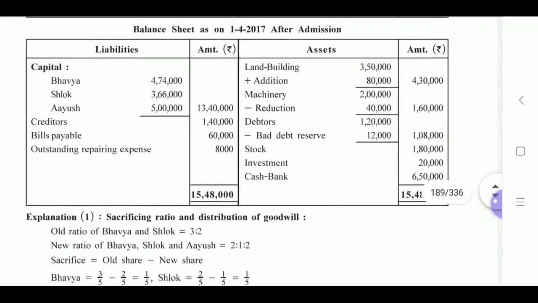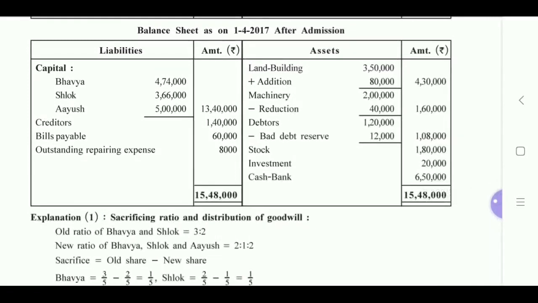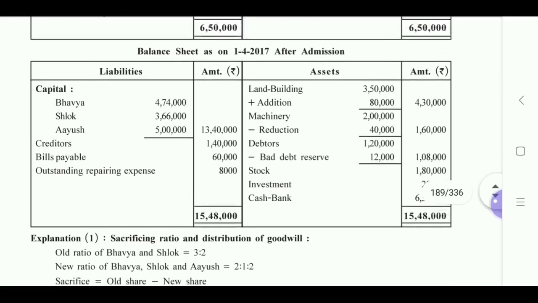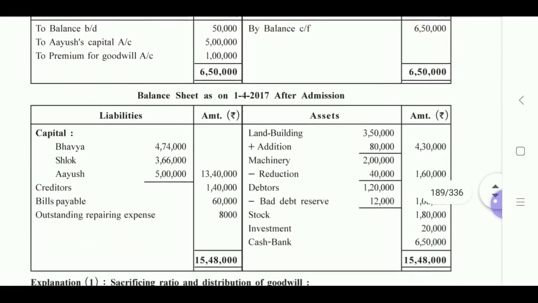अगर आपका total same नहीं आ रहा है, then you must have definitely committed some sort of mistake in any of the above steps, in any journal entries, in posting or anything. अगर कोई भी आपकी गलती रहेगी तो आपका दोनों तरफ का टोटल बैलेंस शीट का सही नहीं आएगा. So it is very important that you solve this sum very carefully.